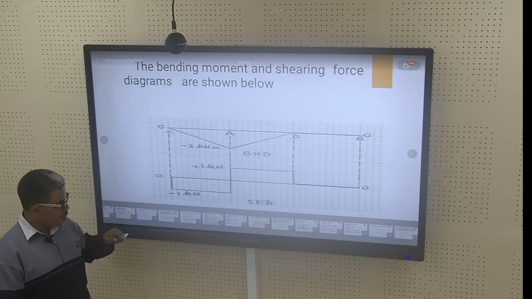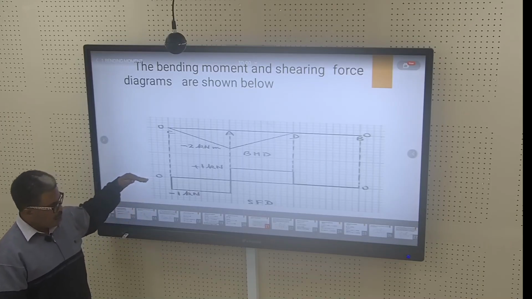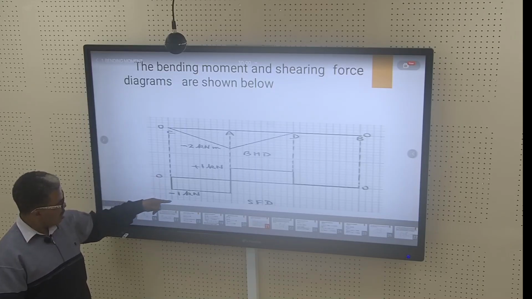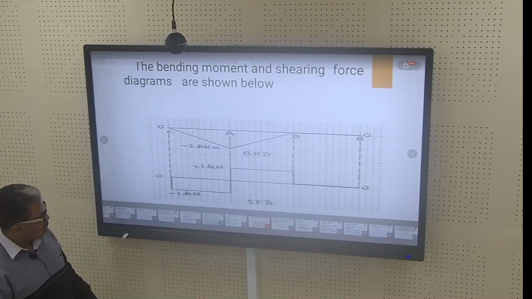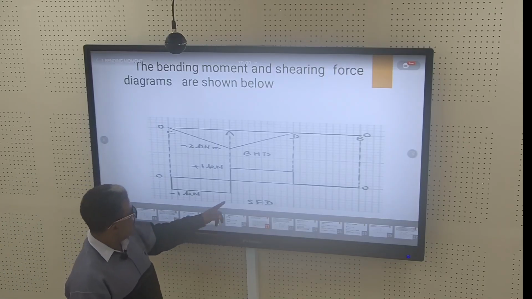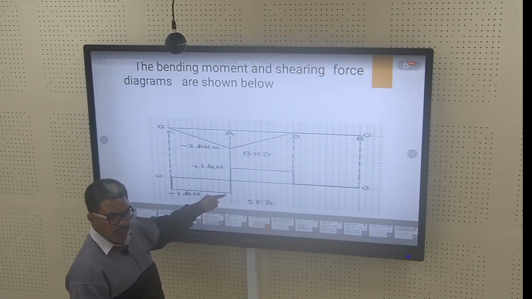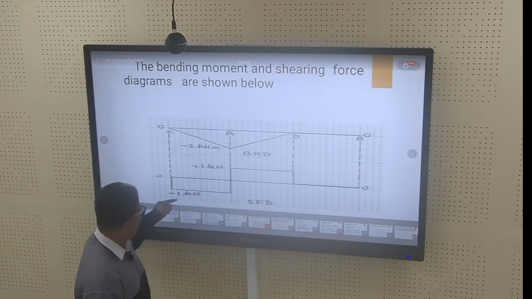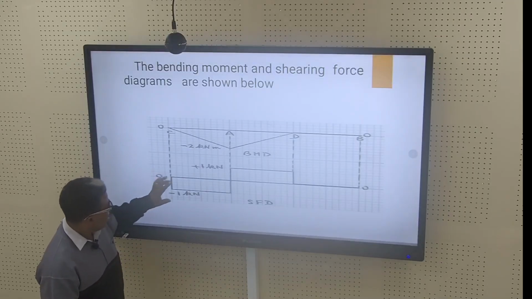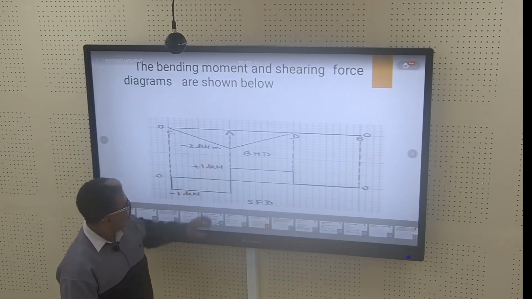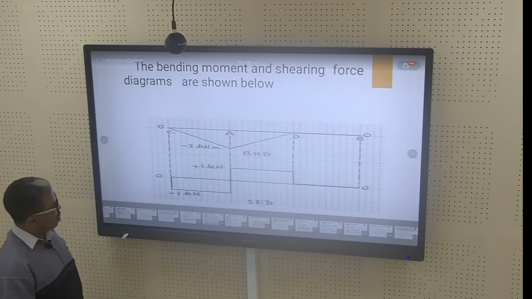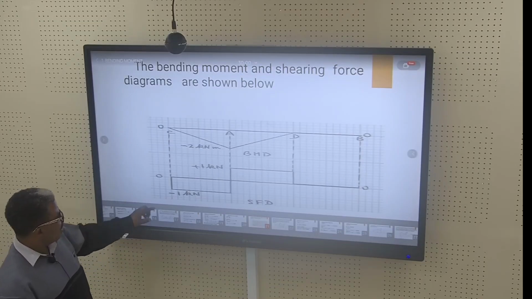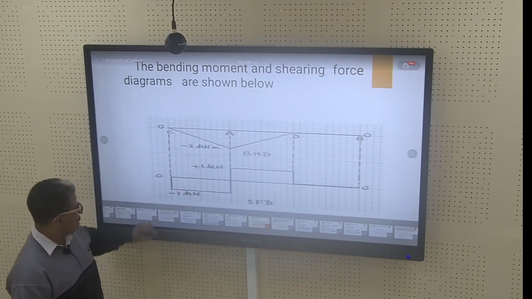Being negative is the direction that, from origin position, it has to move downwards up to 1 kilonewton. Then it has to go back. We had 2 kilonewton here. So one is to bring it to the neutral position, 1 magnitude here, and the second one is for raising from neutral position or from origin. So it becomes 1 kilonewton above the origin line.